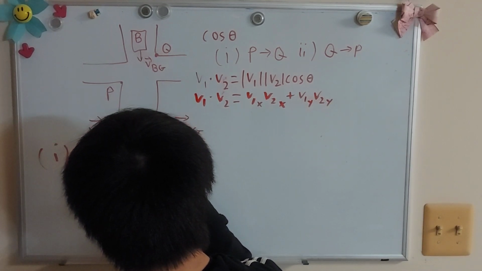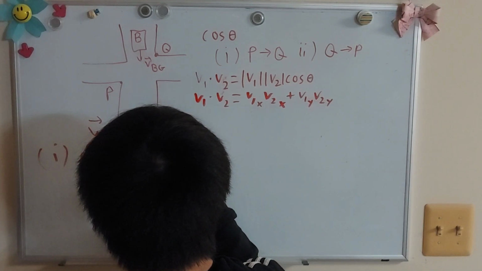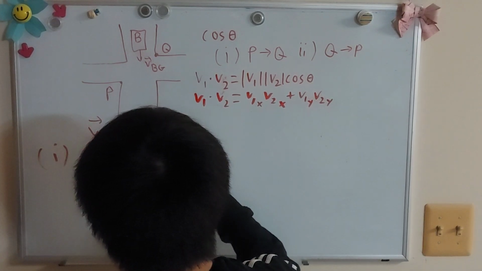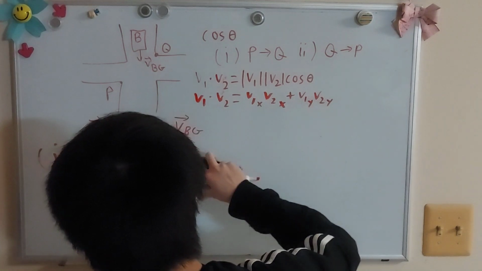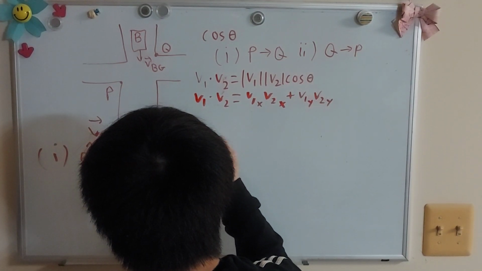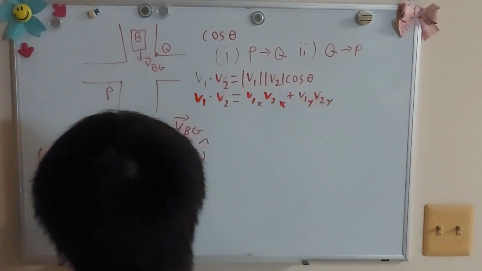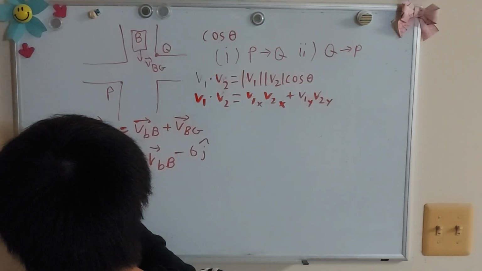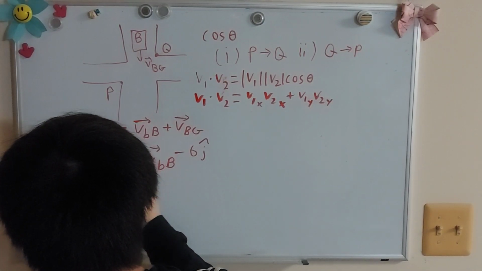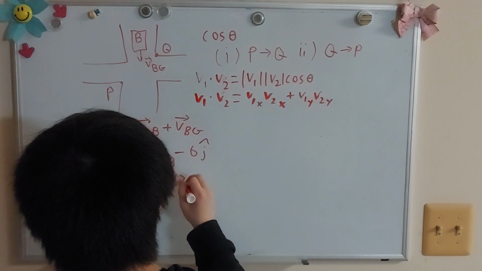We also know, because we solved part B, that the velocity of car B relative to the ground is equal to minus 6j hat. And so now that we know this, we solve for the velocity of the ball relative to car B in the first case, and that is equivalent to 8i hat plus 12j hat.